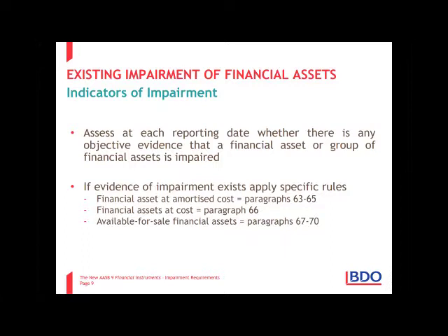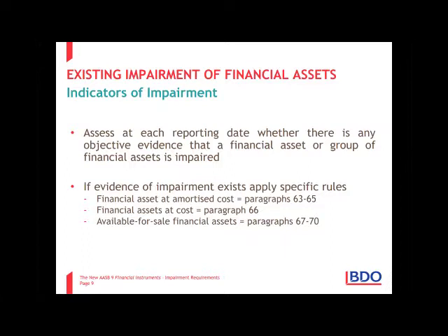So at each reporting date, we have to assess: is there objective evidence, are there impairment indicators, that the financial asset is impaired? And if there's evidence of potential impairment, there are certain rules that you have to apply.